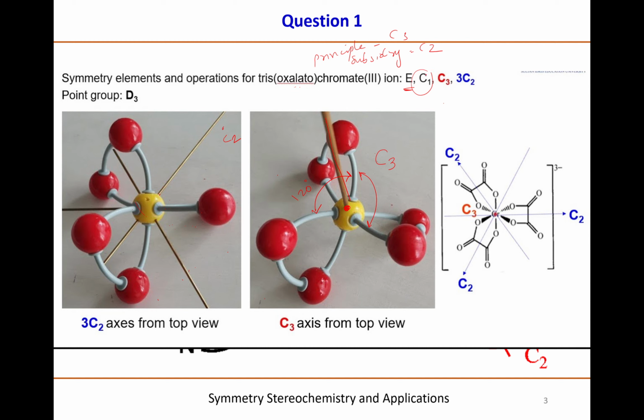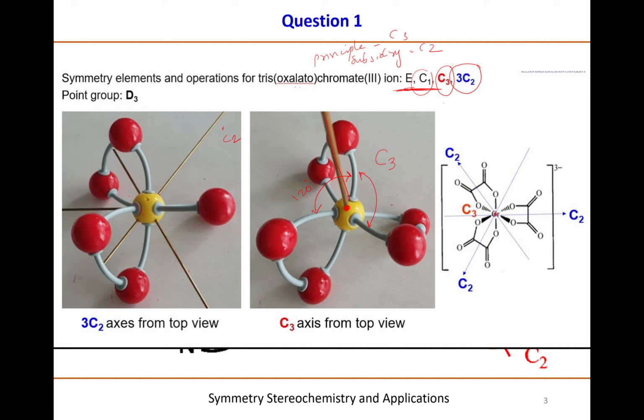Now talking about C1. C1 is also present in all molecules because of 360 rotation. This is E, which means no symmetry element is applied, so identical. C1 means the rotation of 360, so E in C1 is always present. Now let's talk about the other symmetry elements. We have found that the C3 axis is present in this molecule and subsidiary axes are also present. So three C2 axes are present, three subsidiary axes.